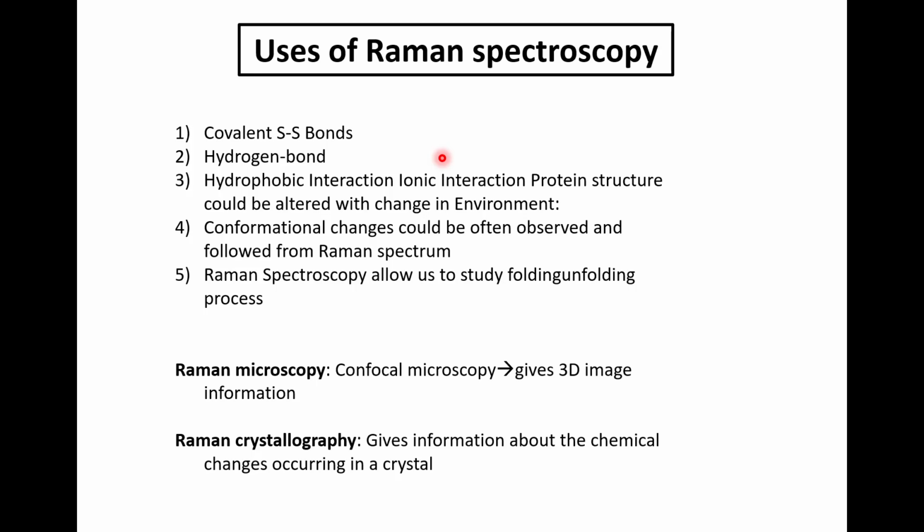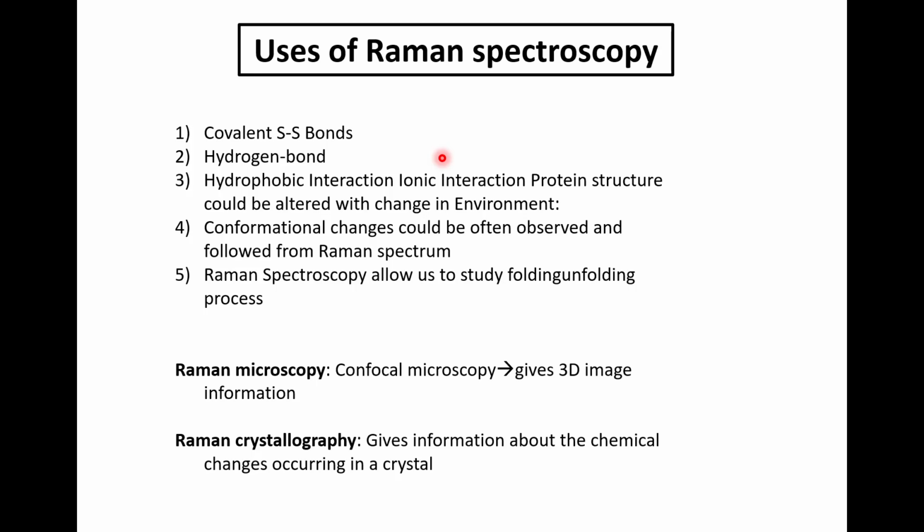Just like spectroscopy, where you were quantifying the characteristics of the chemical nature of your matter, there is Raman microscopy where you can visualize. The major difference between Raman spectroscopy and microscopy is one of the questions in your assignment, and when I discuss the question I will also come to Raman microscopy.